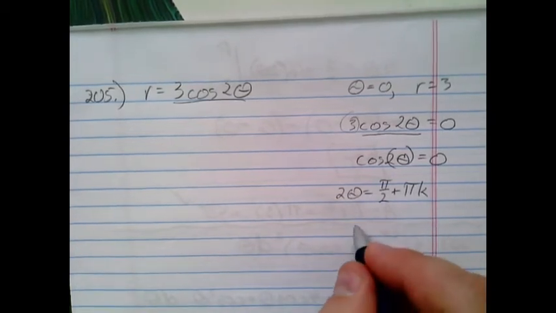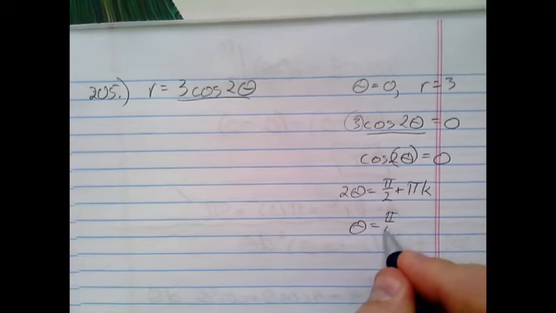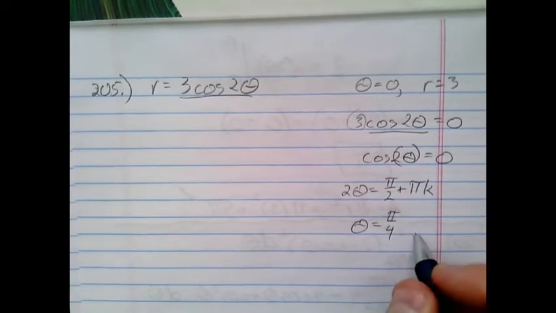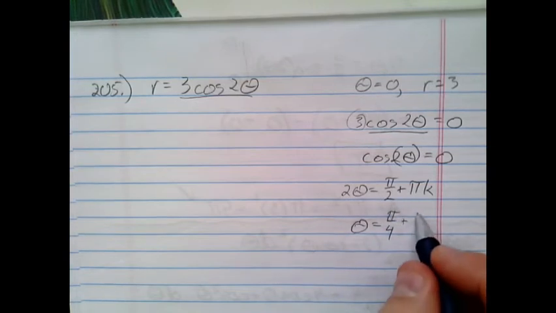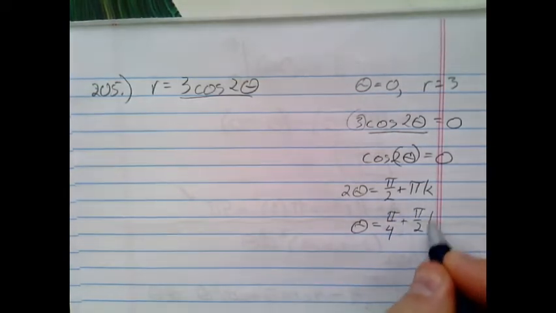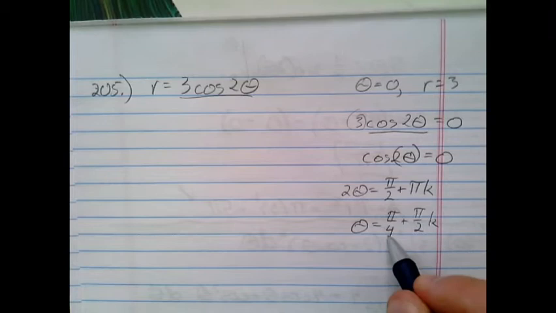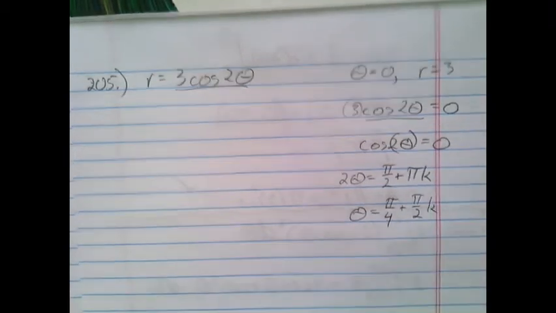If you divide through by 2, you get that theta equals pi over 4 plus, now I divided by 2, so this would be pi over 2 times k. So pi over 4 plus any increment of pi over 2.